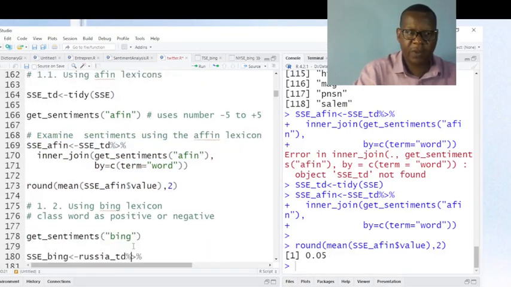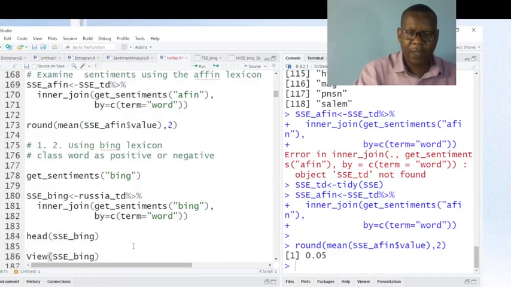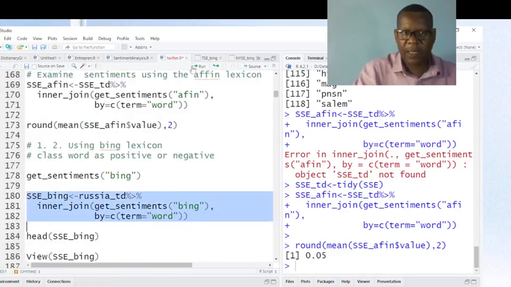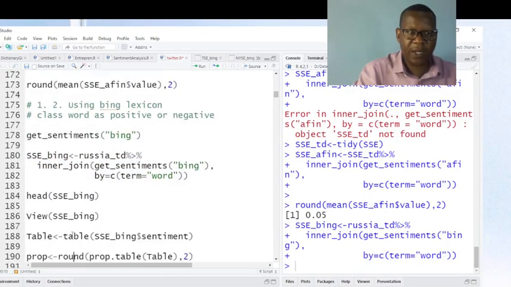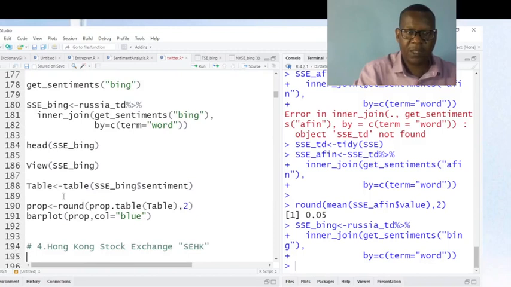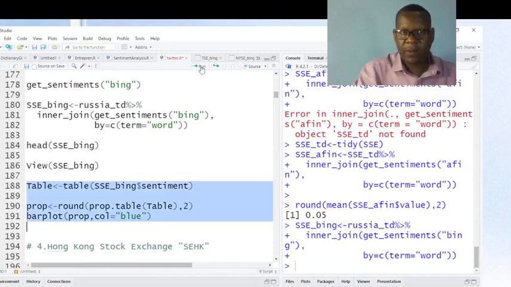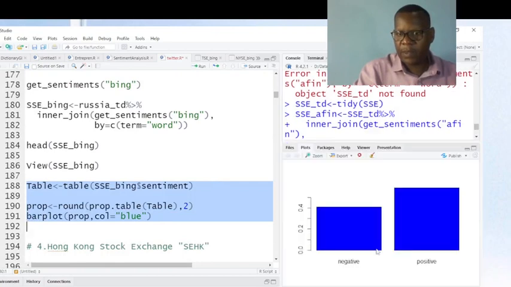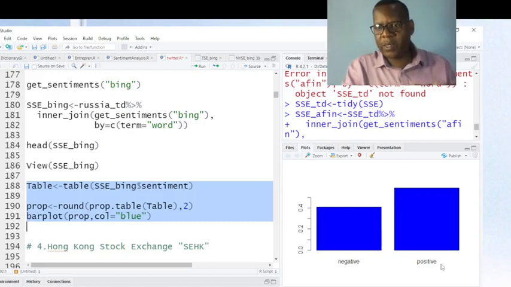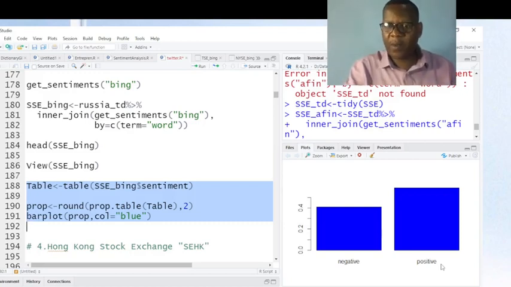I can use also another one, the Bing lexicon. Let's run this, and we calculate and compare positive and negative words by using this table. You see, friends, now in the Shanghai Stock Exchange, the number of positive words is greater than the number of negative words.